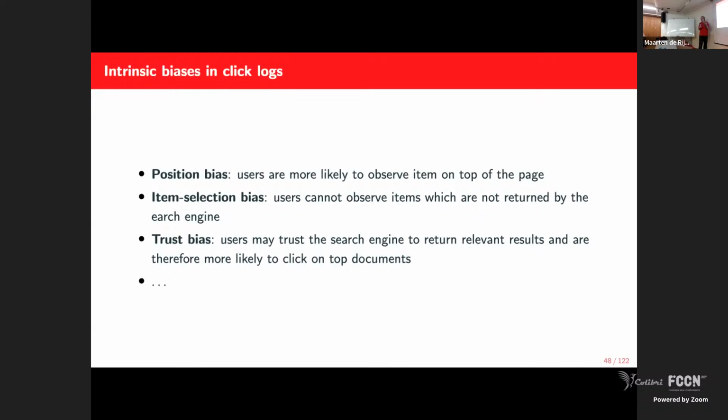We can only show a few dozen if we're lucky, and sometimes even less than that, if say we're on a small screen. If we don't return certain items, then users can't observe them. We cannot see any rewards. Trust: users may trust the search engine to return relevant results and are therefore more likely to click on them. And there's more.